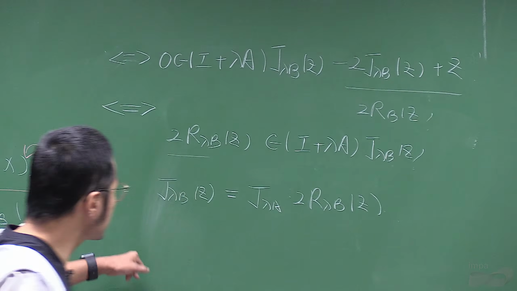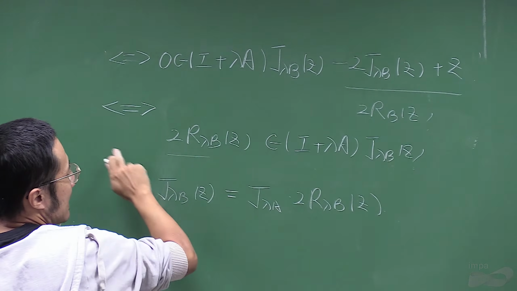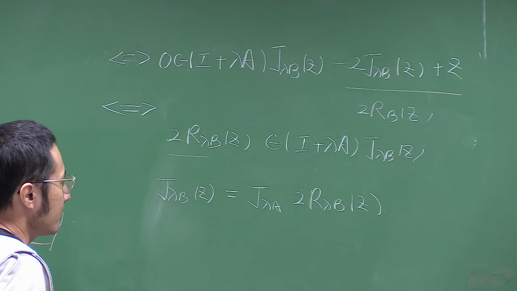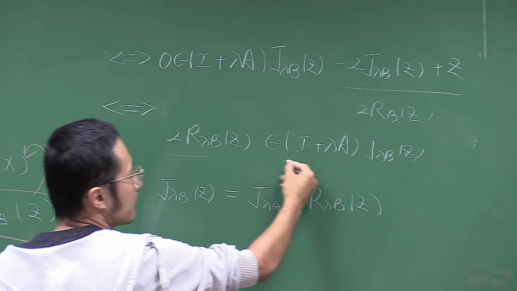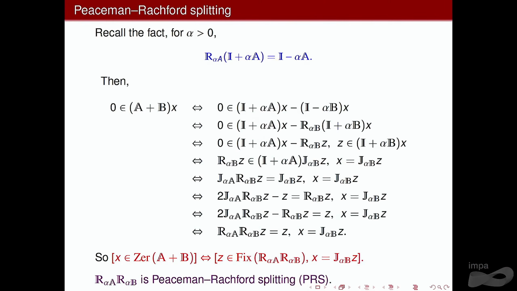Okay, we have this. I just put this term on the left side, and we have this equivalent inclusion. And then we use the definition of the resolvent of A. So we have this term.